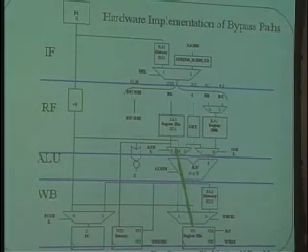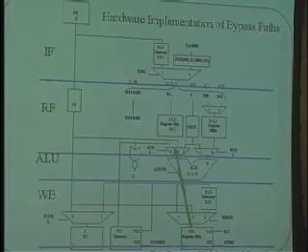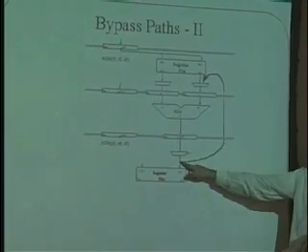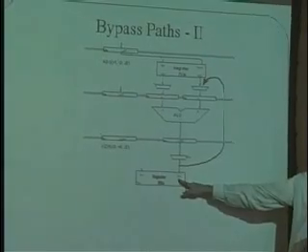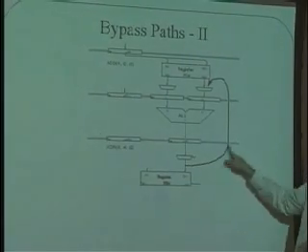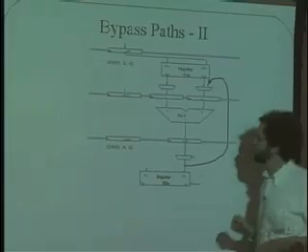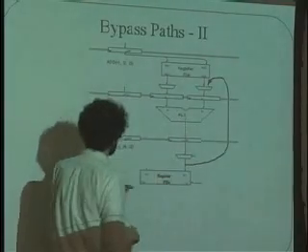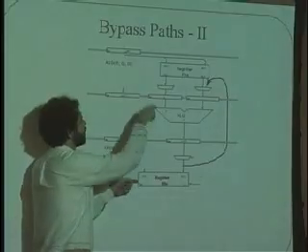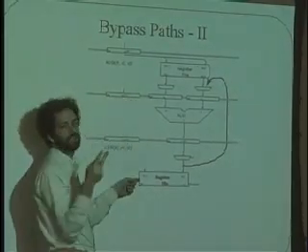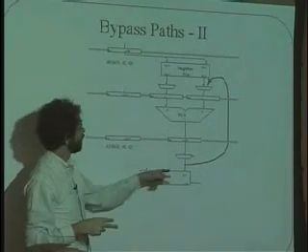Okay? And so the second level of bypass paths says that before something is about to be written to the register file, I want to use it in the ALU also. And thinking about how this works, we're going to clock the register file, and we're going to clock a register here, and at the same time, bang, 2 things happen simultaneously.